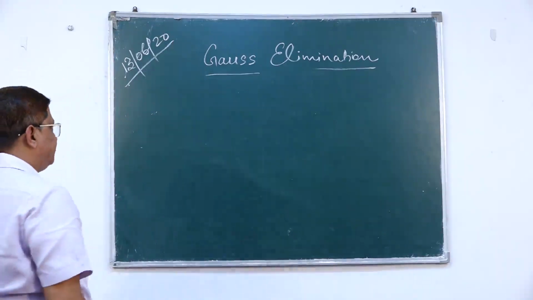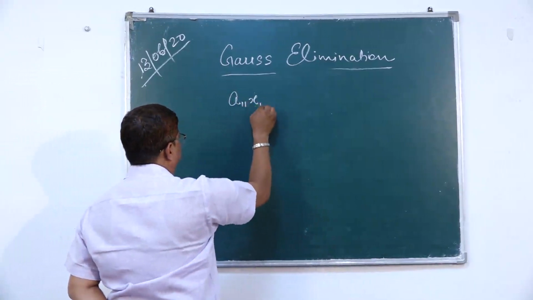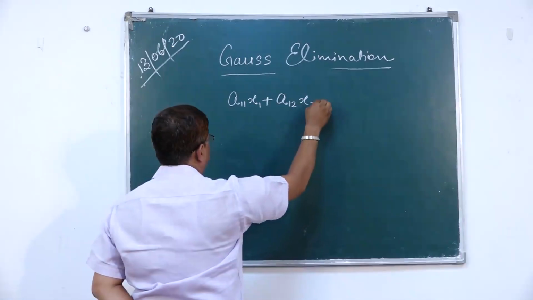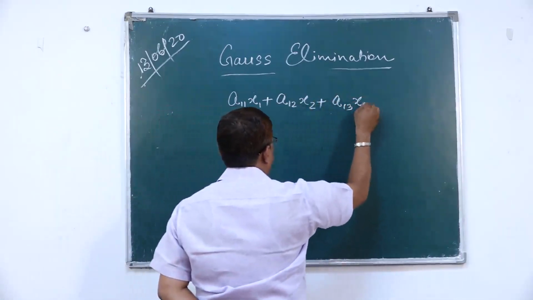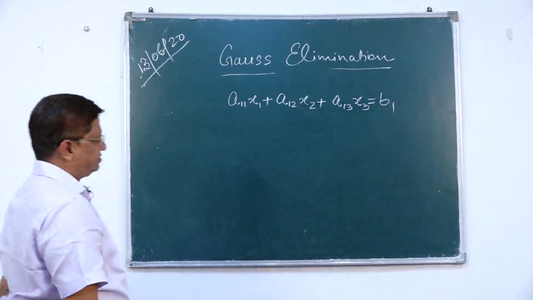The linear equation is given in this form: a11 x1 plus a12 x2 plus a13 x3 is equal to b1. This is the first equation in linear form.